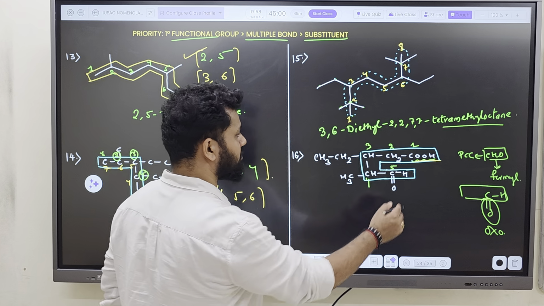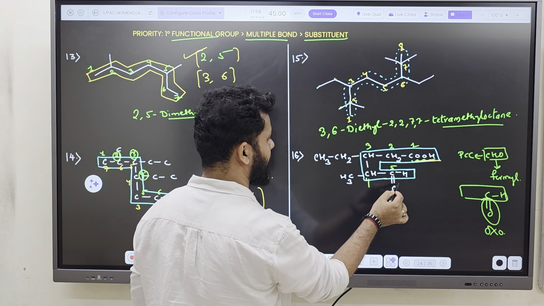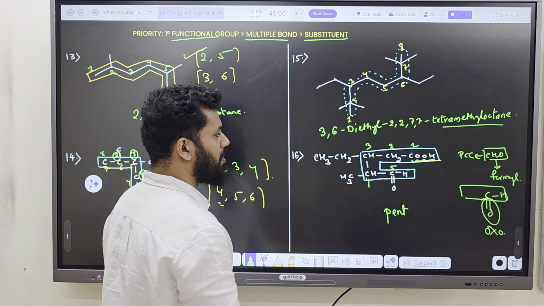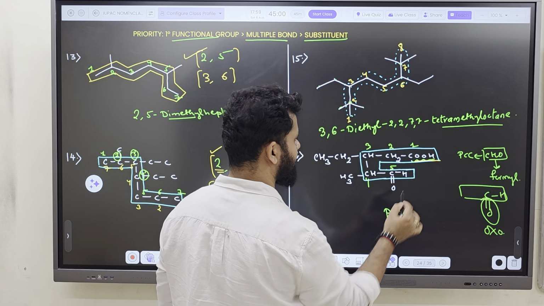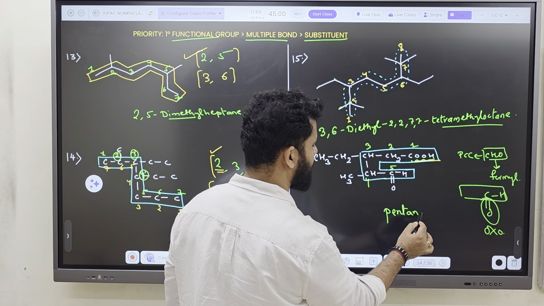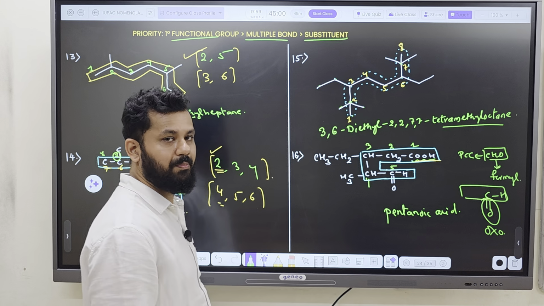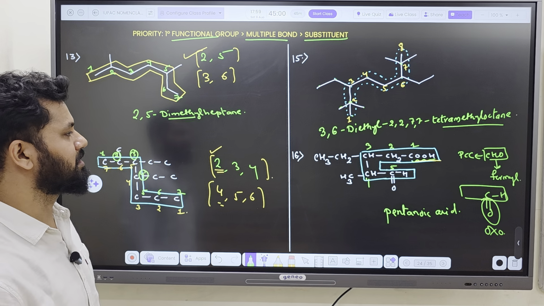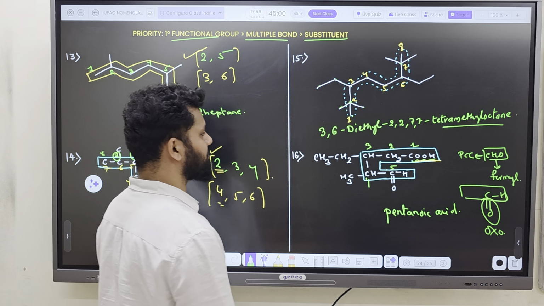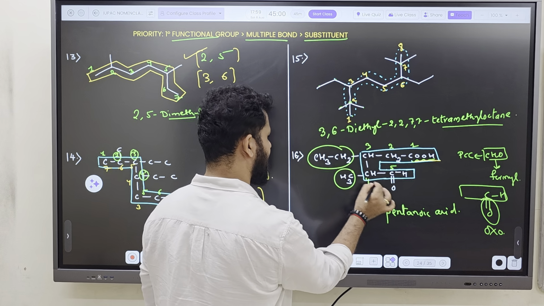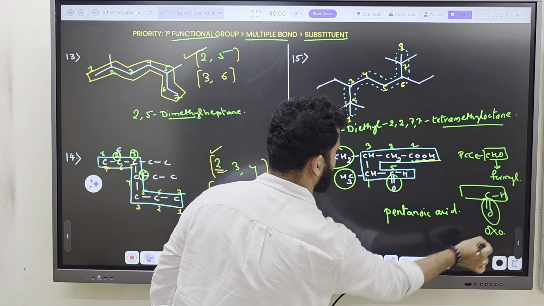All right. So check over here, 1, 2, 3, 4, 5. So this becomes pent. Pent, all are single bonded carbons. So pentanoic acid. Now look for the substituents: ethyl, methyl, and this is oxo.